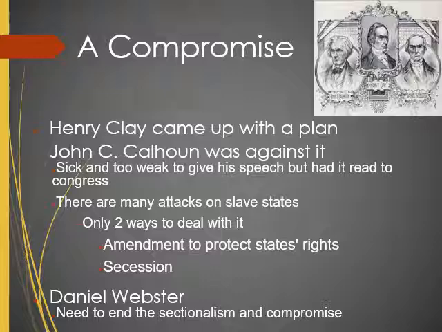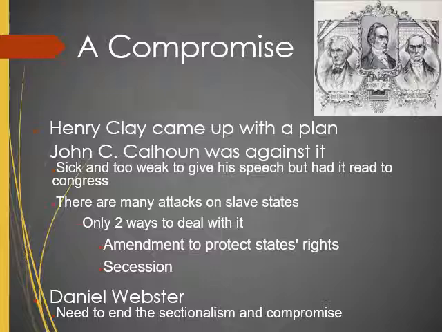There was a South Carolina senator, a pro-slave man, John C. Calhoun, who was completely against it. He hated it, and he was writing all these things about it, but it turned out he was about 4 weeks from when he would die. He was very sick, and he was too weak to even get out of bed. But he did write up a speech, and he had someone else give it in Congress. He basically said, there are a bunch of attacks on slave states.